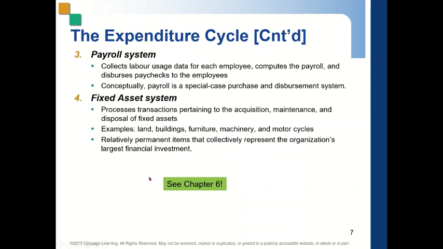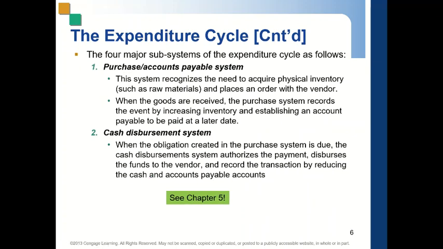So if we go back a little, in the expenditure cycle, we are acquiring the resources that we will need in order to manufacture a product, the things that will go into the production process. We talked about the inventory and the fact that we receive the items and we'll pay later.